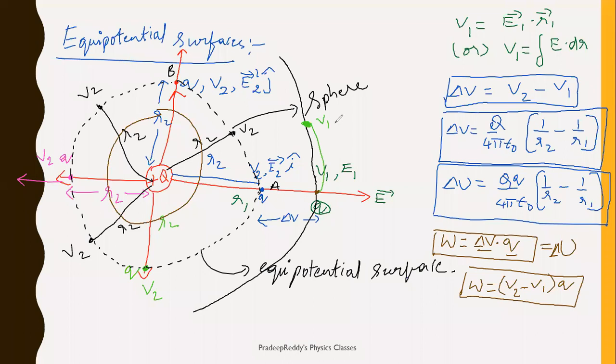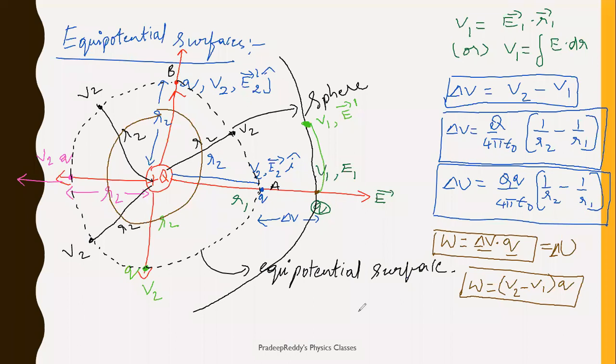V1. What is the field over here? The field will change because it is a vector quantity, something around i and j. I am denoting it with a different E dash. What you are doing in this case is bringing a test charge Q from one position to another position on the same equipotential line, right?